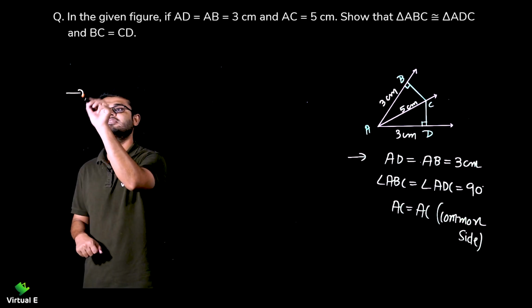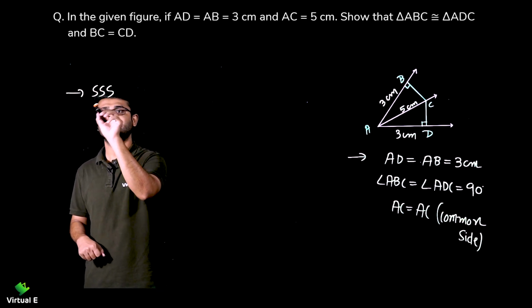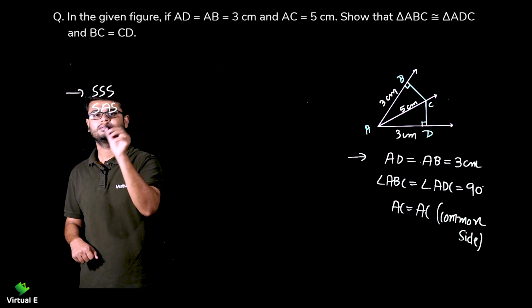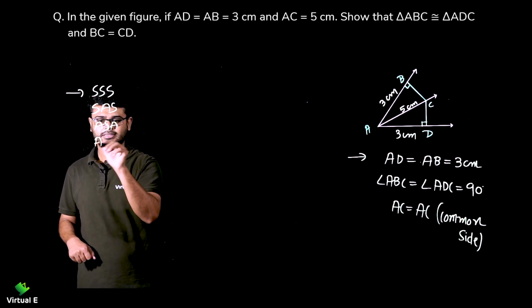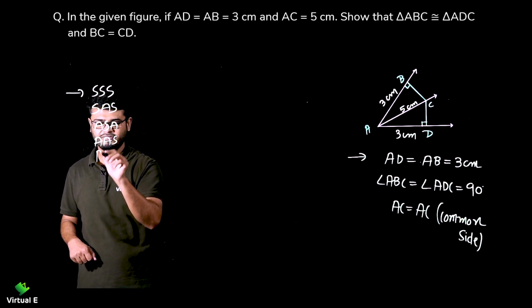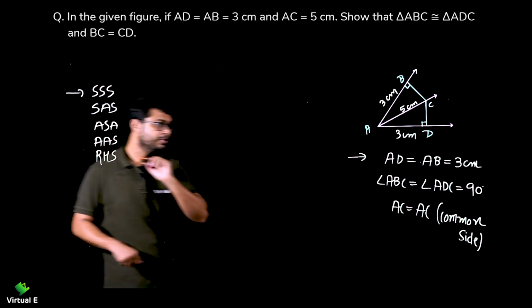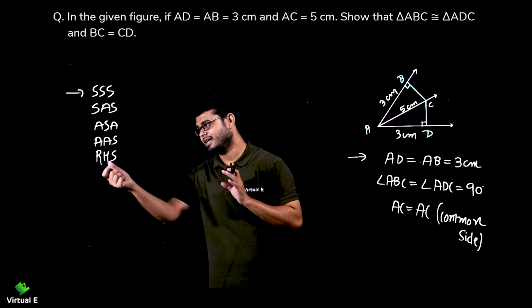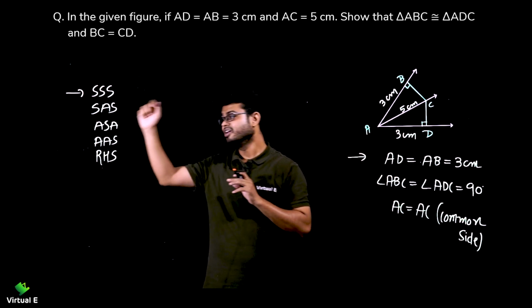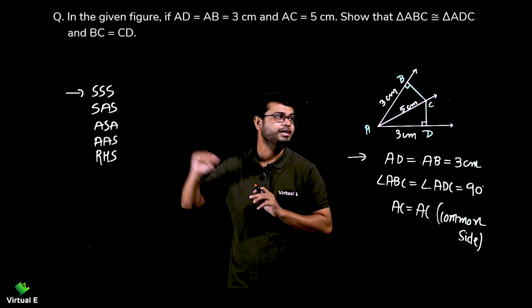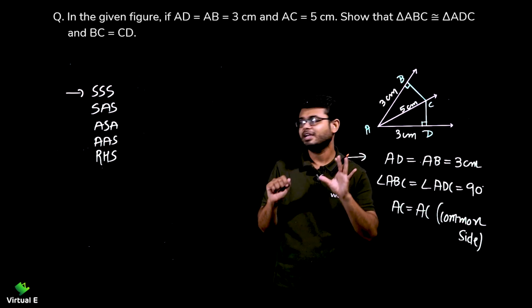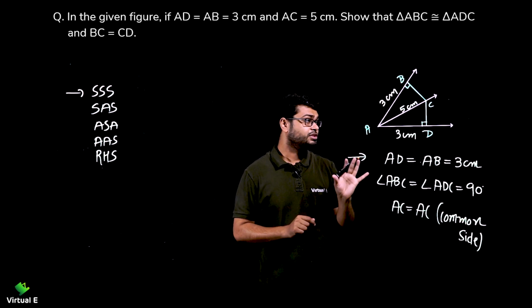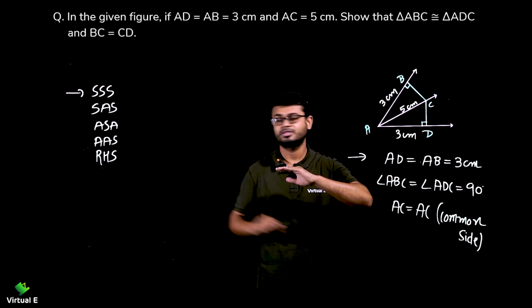First of all, let's list down the conditions: SSS, SAS, then we had ASA, then AAS, and finally the RHS. So 90 degree means we can guess that it will be RHS. Previously with the 90 degree we had AAS, right? So think of the RHS for a while, if it is possible based on the conditions.